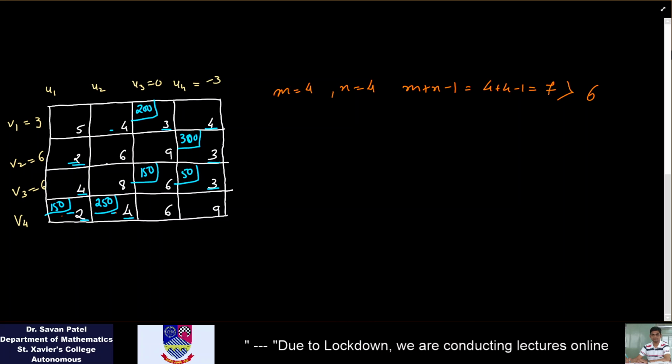So it's very simple. See, if you allocate something here, then is it possible to find a loop from all allocated cells to this point? So let's check. From here, if I go to here, then the only possibility is to come here, and then there is no way to reach that point.